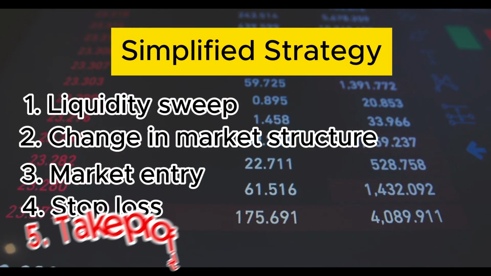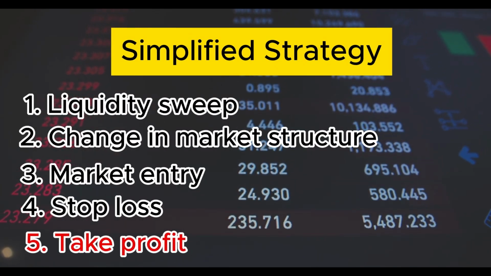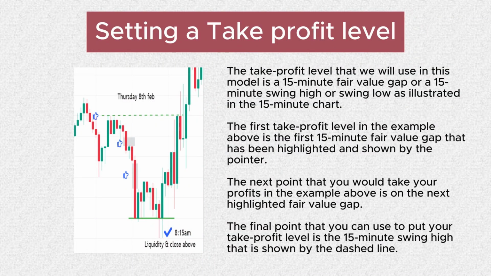The last part of our trading strategy is where to place our take profit. The take profit level that we will use in this model is a 15-minute fair value gap or a 15-minute swing high or swing low. The first take profit level in the example above is the 15-minute fair value gap that has been highlighted and shown by the pointer.